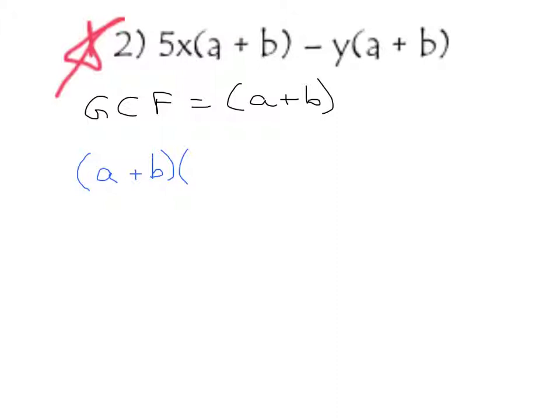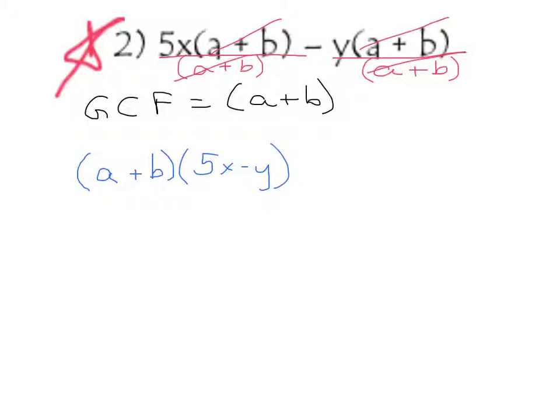We divide everything by A plus B in both cases. Because binomials in parentheses are the same unit, they cancel out, and we are left with 5x minus y. We can't factor that any further, so that is the factorization of number 2.